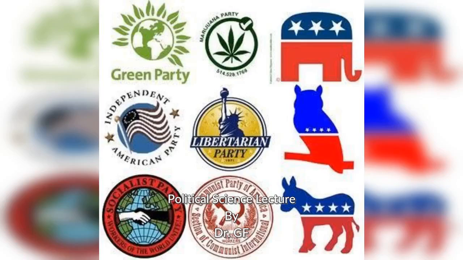The fourth party system originated from 1896 to 1932. It consisted of the same interest groups as the third party system, but saw major shifts in the central issues of debate.